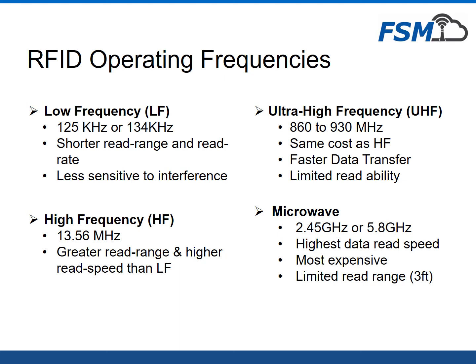Similar conditions apply to microwave, where 2.45 and 5.8 gigahertz systems are open to industrial applications. But basically the difference between low frequency, high frequency systems and the otherwise UHF and microwave are the reading distances. Because high frequencies are able to give us larger reading and writing distances than their counterpart in the low or HF range.